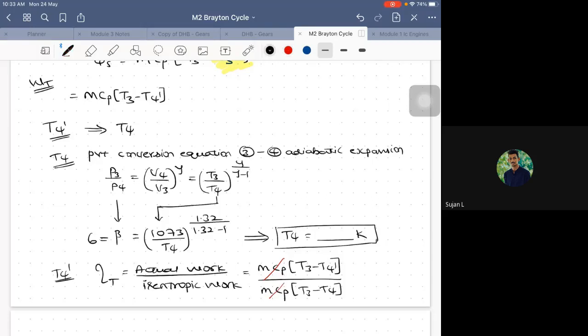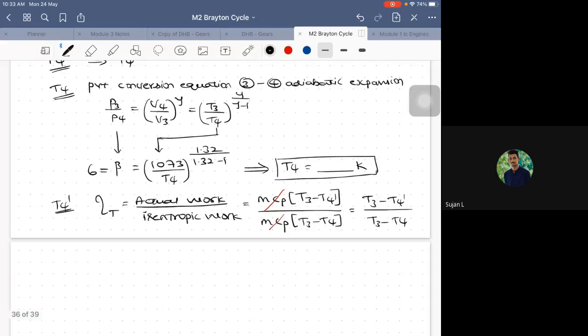The remaining I would just write as T3 minus T4 dash divided by T3 minus T4. Correct me if I am wrong. So efficiency of turbine is given as 0.85. So that is equal to T3, which is given as 1073, minus T4 dash you need to find, divided by T3, again 1073, minus T4.